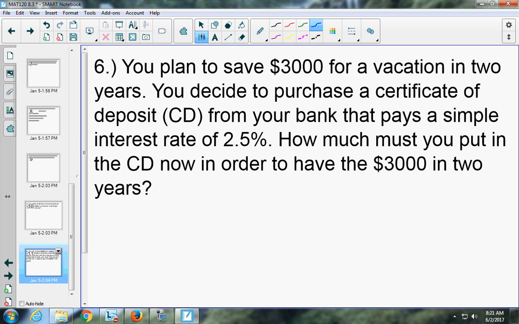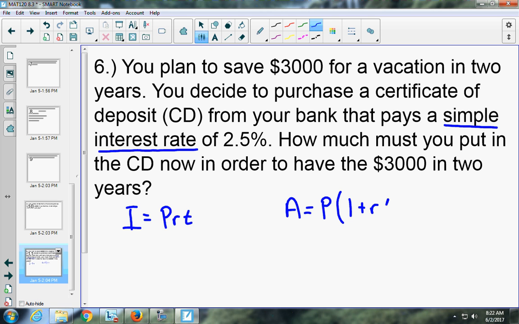The first thing I always do when I read these problems is try to figure out what equation I need to use. They tell me right here that the bank pays a simple interest rate. So we have 2 equations for simple interest: I equals PRT, and A equals P times the quantity 1 plus RT.